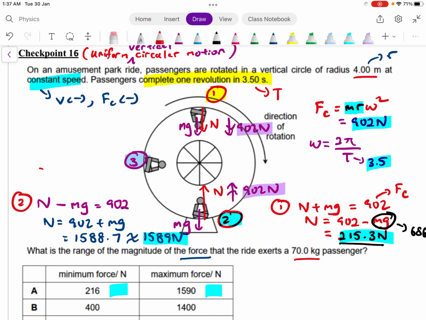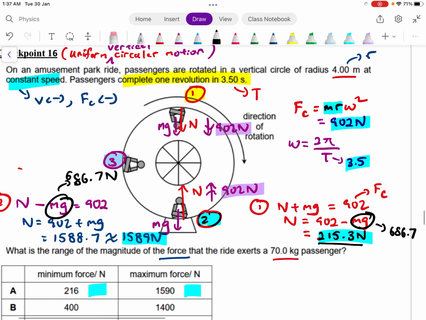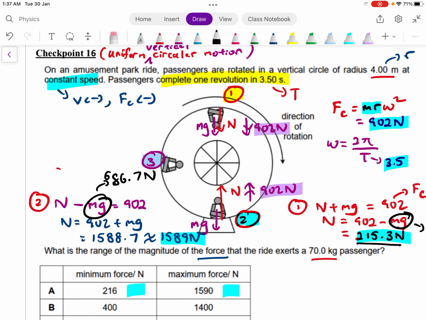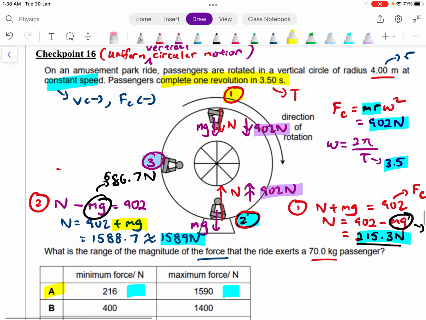The weight is the same, 686.7 Newton. So you just move this to the right-hand side, meaning 902 plus 686.7, which will give you a total normal contact force of about 1589 Newton. So by looking at the options, obviously A is the answer.